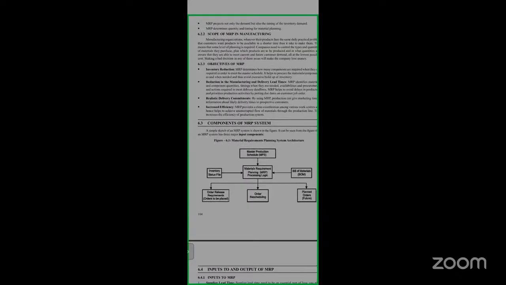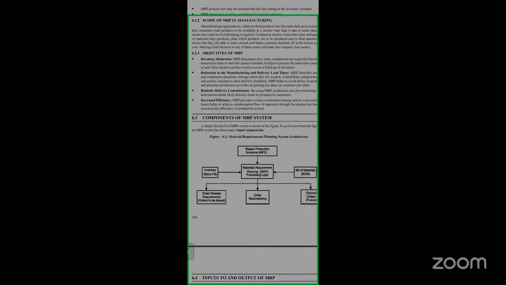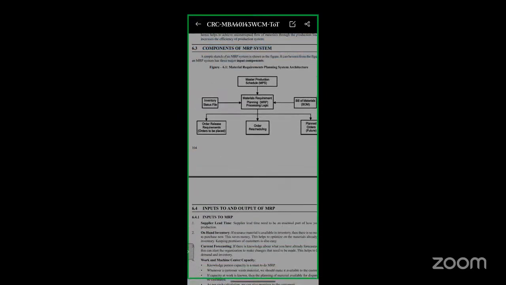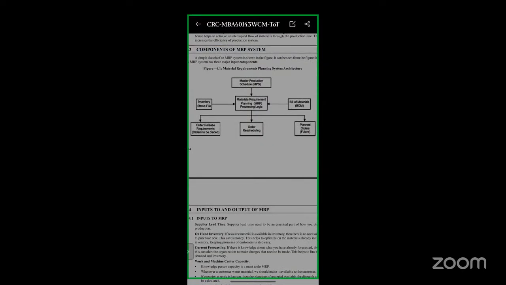You can just look here at the components of the MRP system and the objectives. The objectives of MRP are inventory reduction, reduction in manufacturing and delivery lead times, realistic commitments, and increased efficiency. If you look at the components of the MRP system, how it starts: the master production schedule, MPS, then come three things, that is inventory status, material requirement planning, and bill of materials.